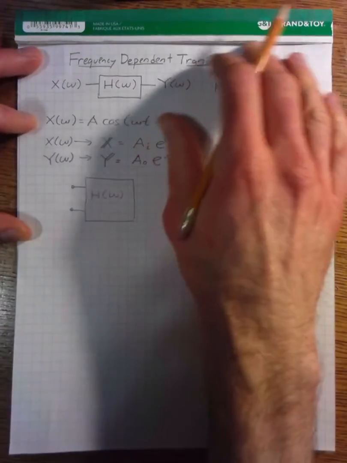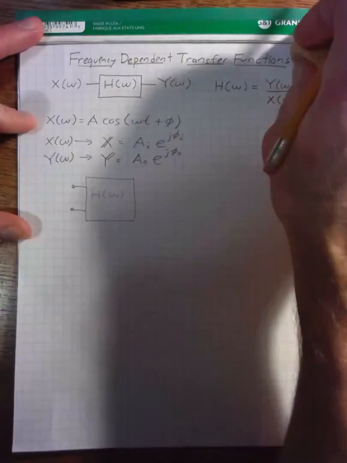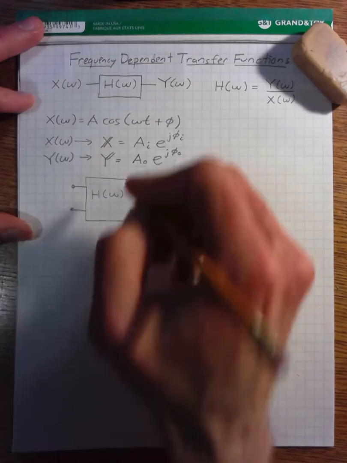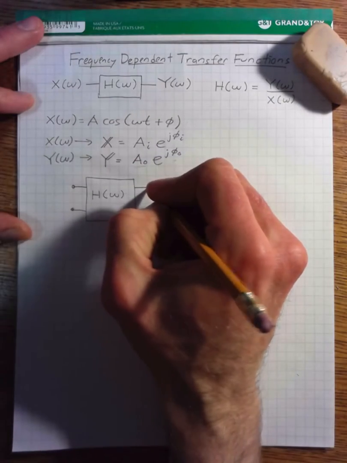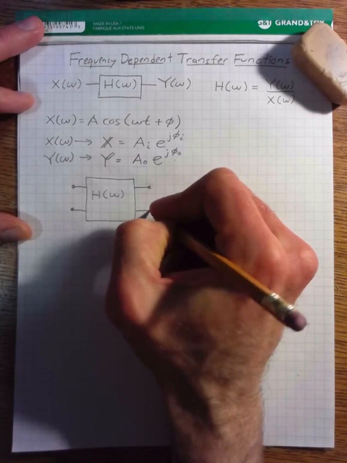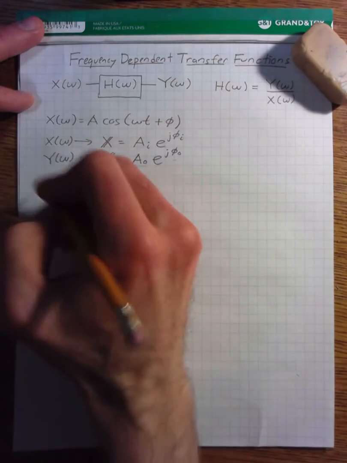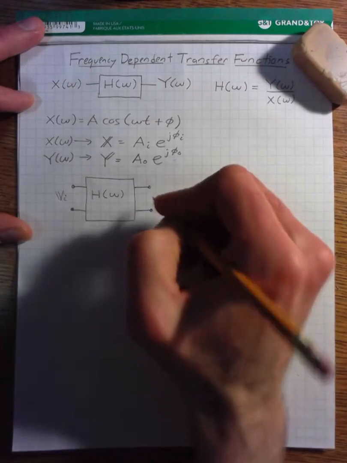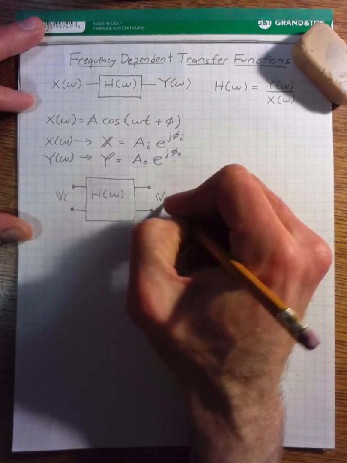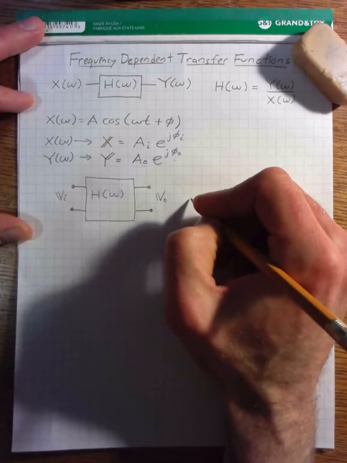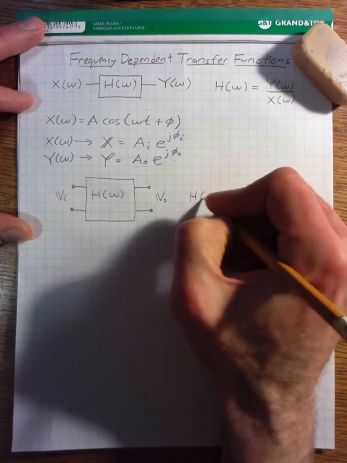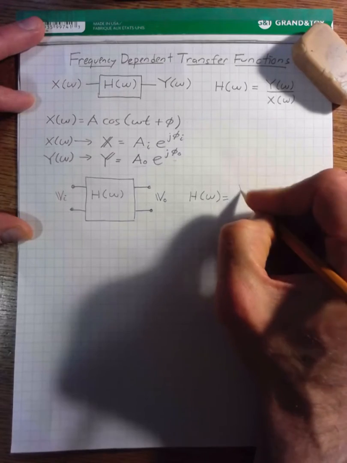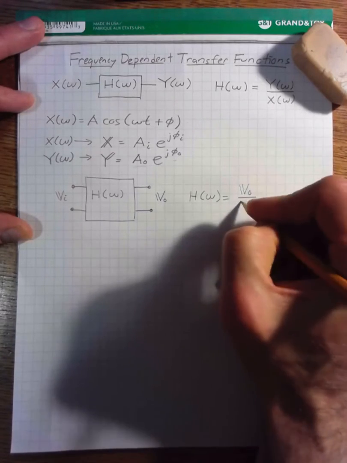Here I just showed one input in kind of a generic way, but to be very specific, we're going to be considering voltage gains. So our input voltage will be represented as V_I, our output voltage as V_O, and our frequency-dependent transfer function is just V out over V in.